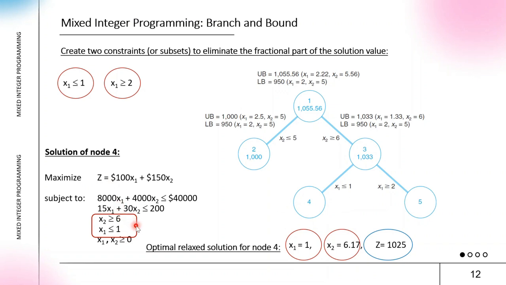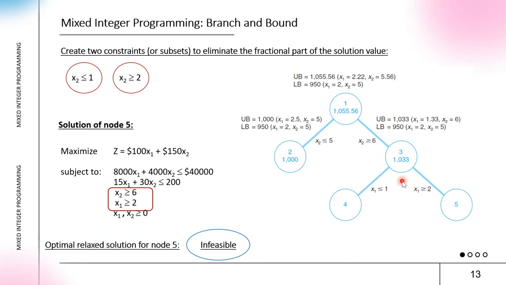In this solution, x1 is 1 and x2 is 6.17 with a profit of 1025. At node 4, we have an integer value for x1, but since x2 is still non-integer, further branching is needed.